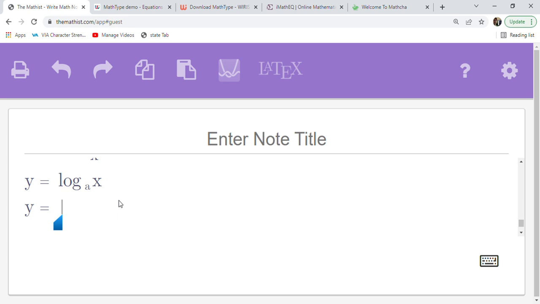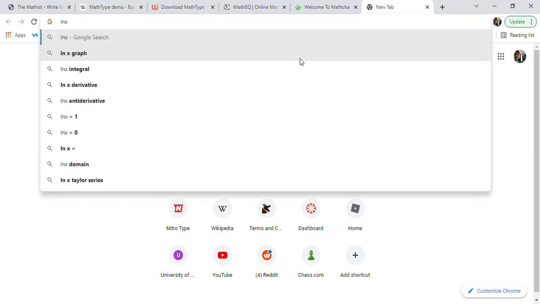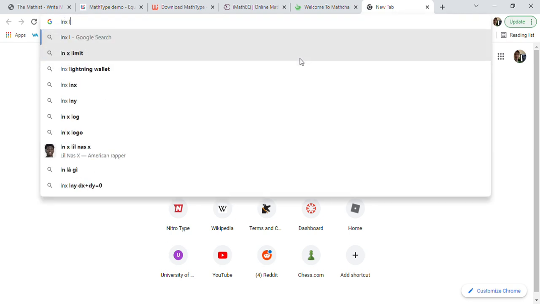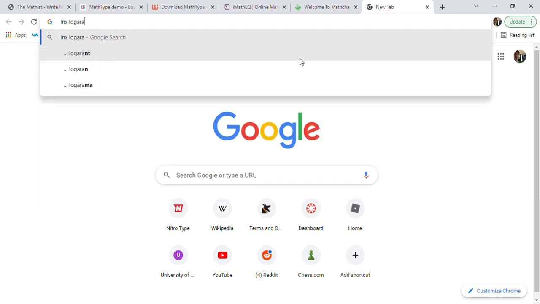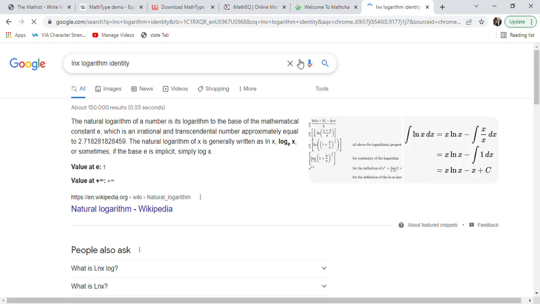Now, something we know, I believe this is correct, let me look this up really quickly because I don't remember. Again, I don't claim to have any professional certification. I'm just a calculus student trying to figure things out. So, the logarithm identity.